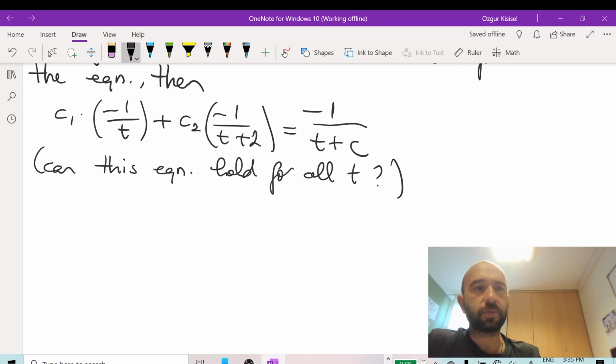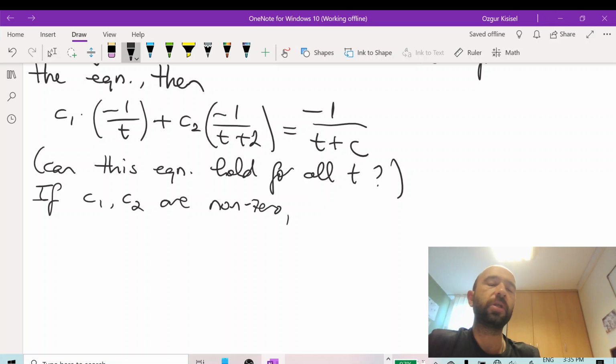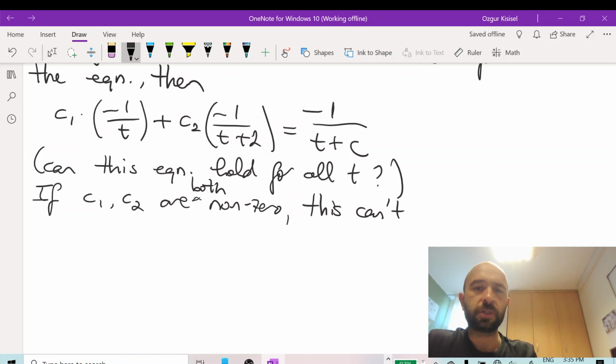Well, this is hardly possible. I mean, if c1, c2 are both non-zero, this will never happen. This can't happen for a simple reason, actually.